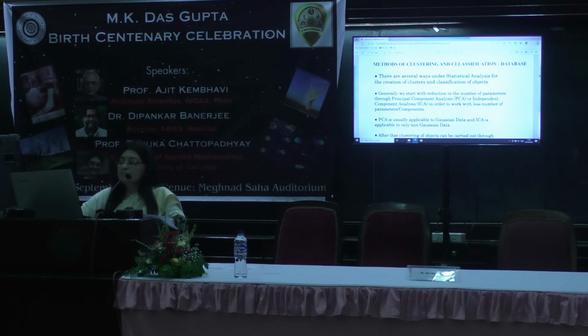So there are several ways under statistical analysis. Now the one point is that there are many parameters. For a galaxy, we can have from the different virtual archives some hundreds of parameters. Now if we do some statistical analysis in that multivariate setup, it becomes very complicated. So what will be our motto?